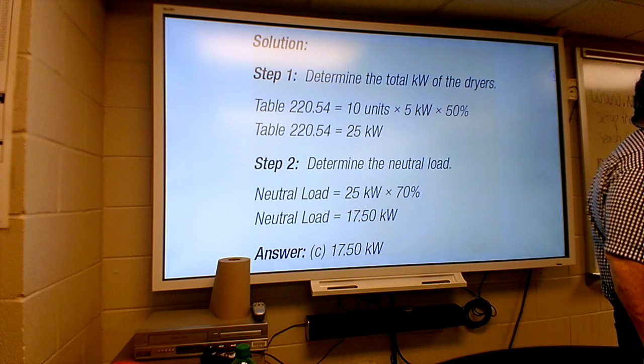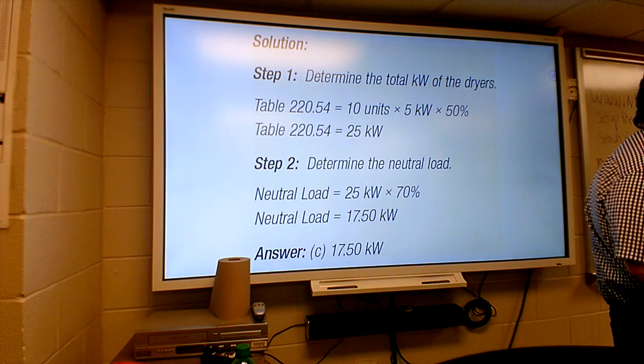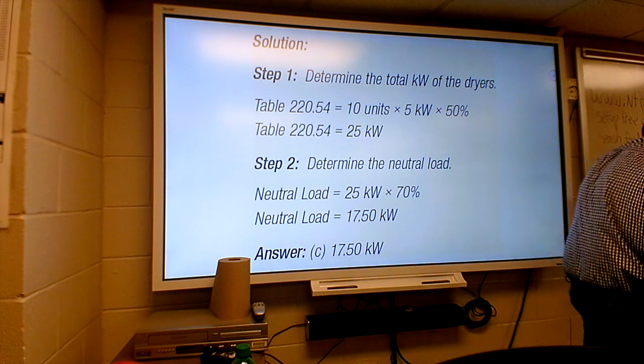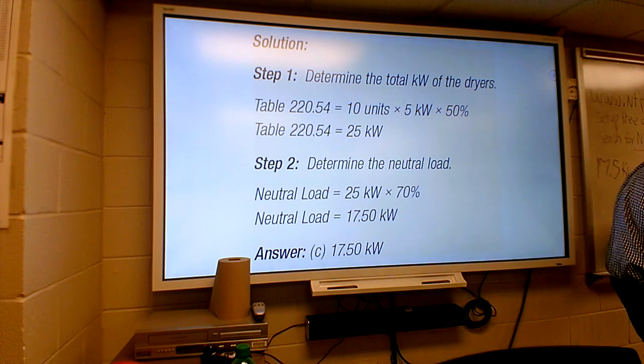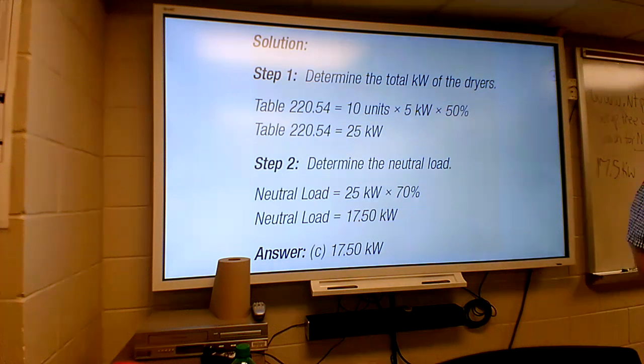We're going to assume that the terminals are rated at 75 degrees Celsius. So wattage divided by 240 gives you 73 amps. Now take the 73 amps and go into the wire chart.